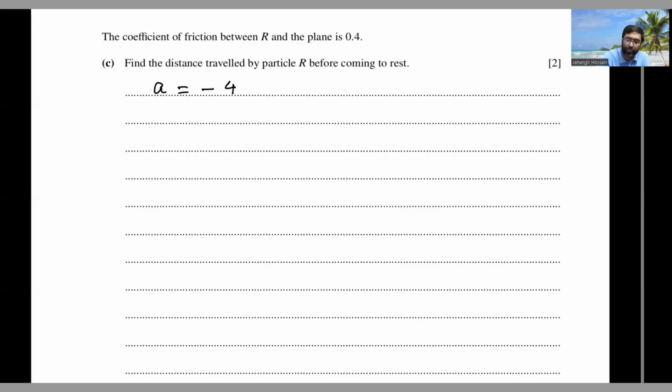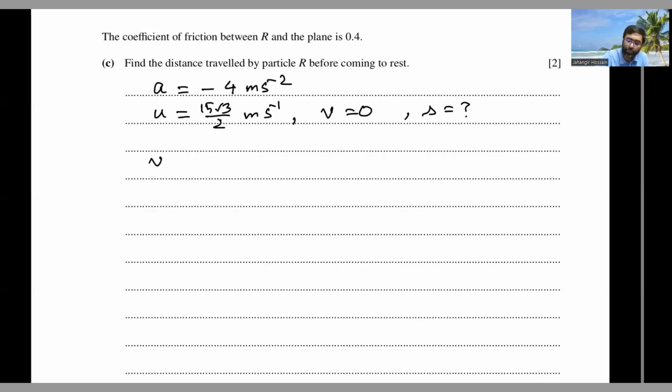So the acceleration remains unchanged. Now we know the initial velocity, which is the velocity just after the collision, 15 root 3 by 2 meters per second. The final velocity is 0, so we need to find the distance.